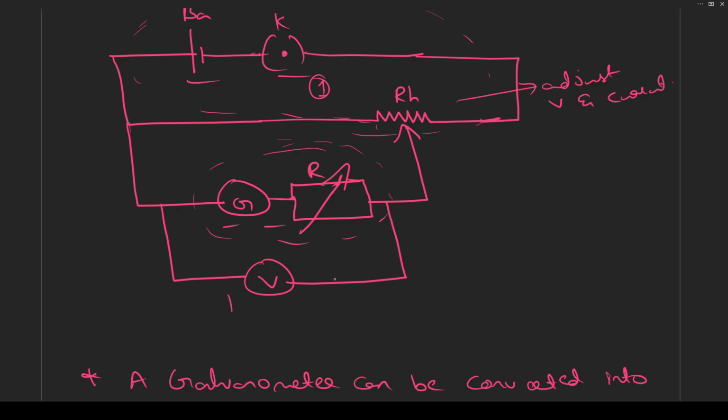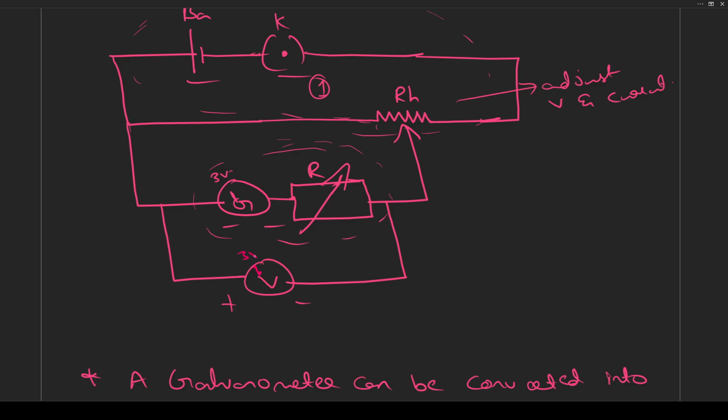Now we connect a voltmeter here. The only reason for the existence of this voltmeter is verification. For example, if this galvanometer, after converting into a voltmeter, shows some 3 volts here, how will we know it is a correct, accurate value or not? So to know that, we add a voltmeter. We know a voltmeter is connected in parallel.